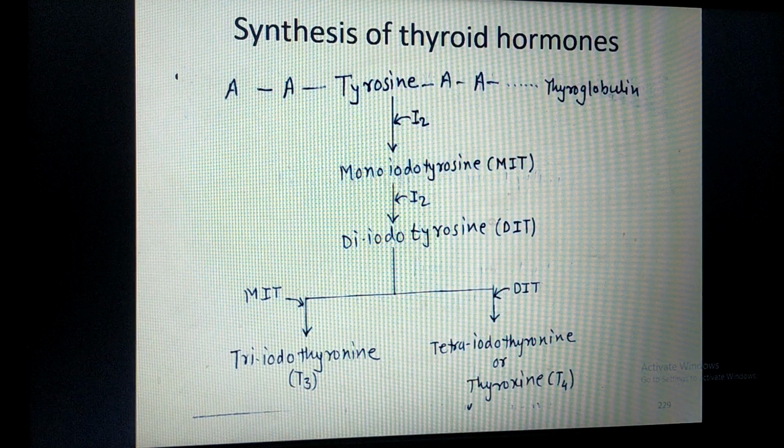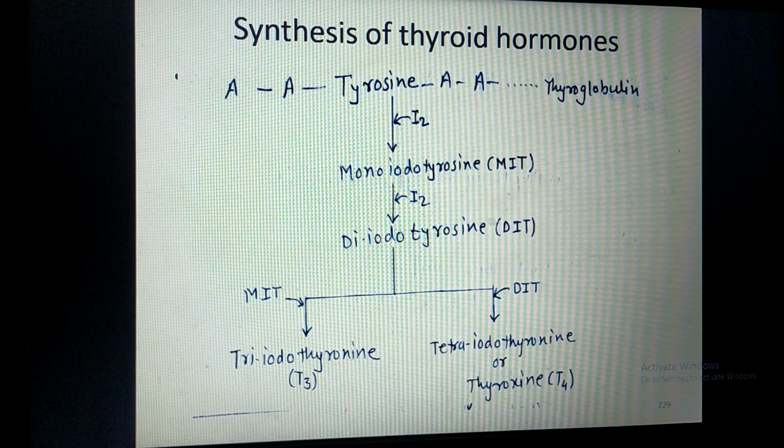When this diiodotyrosine combines with another monoiodotyrosine, it forms triiodothyronine or T3 hormone. Diiodotyrosine, when it combines with another diiodotyrosine, forms tetraiodothyronine or thyroxine hormone. So in this way, two thyroid hormones are synthesized.